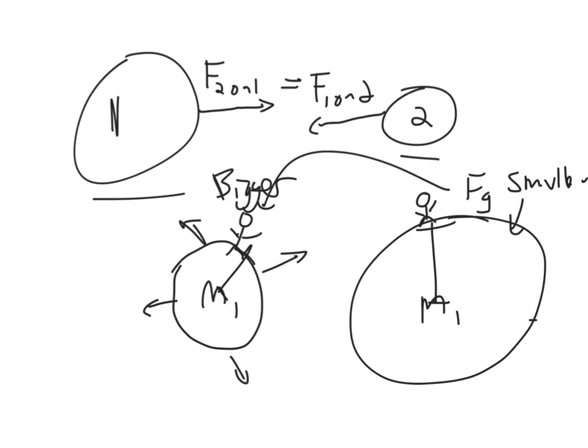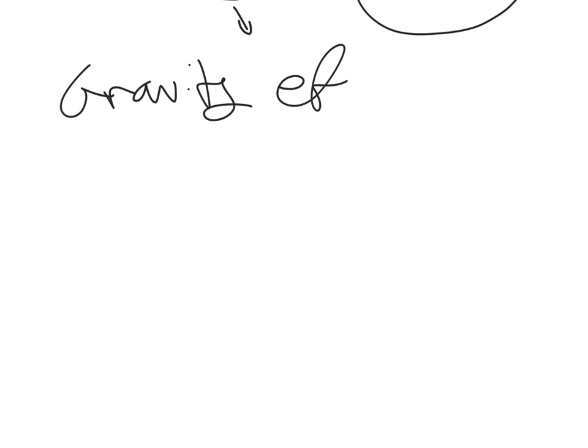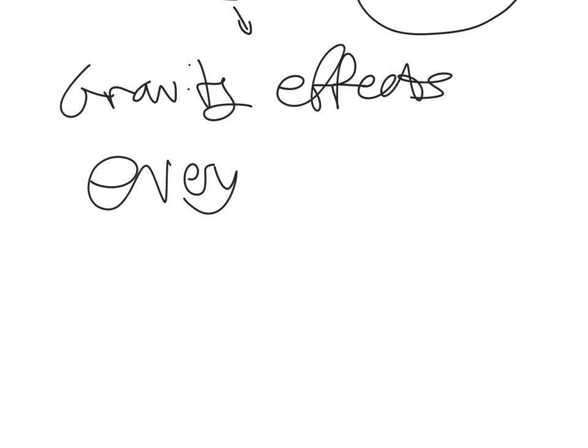And last little conceptual thing before we get into those variables is that gravity affects everything. Everything in the universe exerts gravity, and everything that exerts gravity is exerting it on everything else.